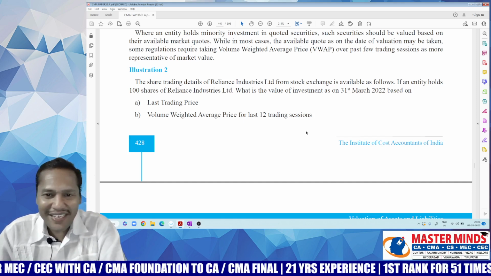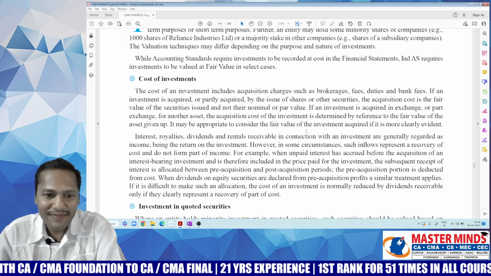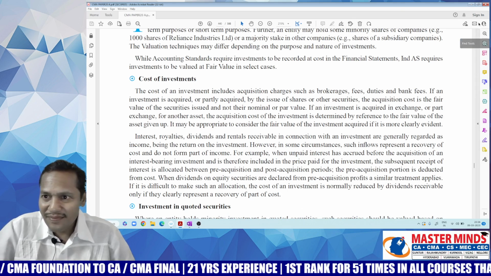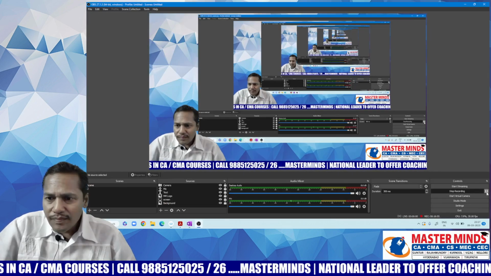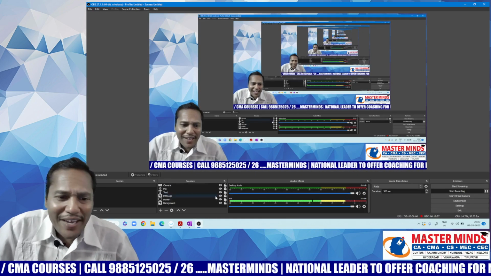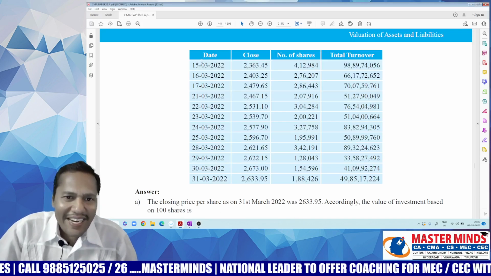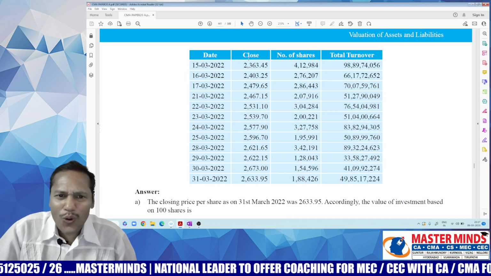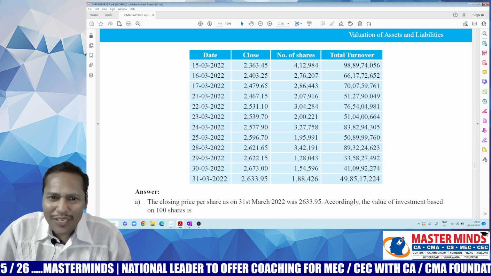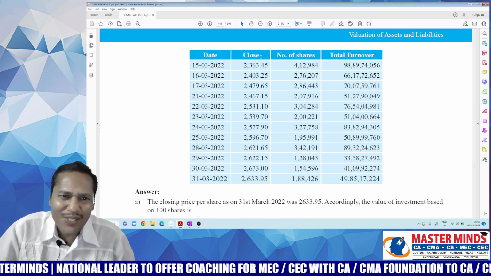So what is the given data? We'll go through the given data. Date, close, number of shares, total turnover. So this is nothing but a closing price for each day.